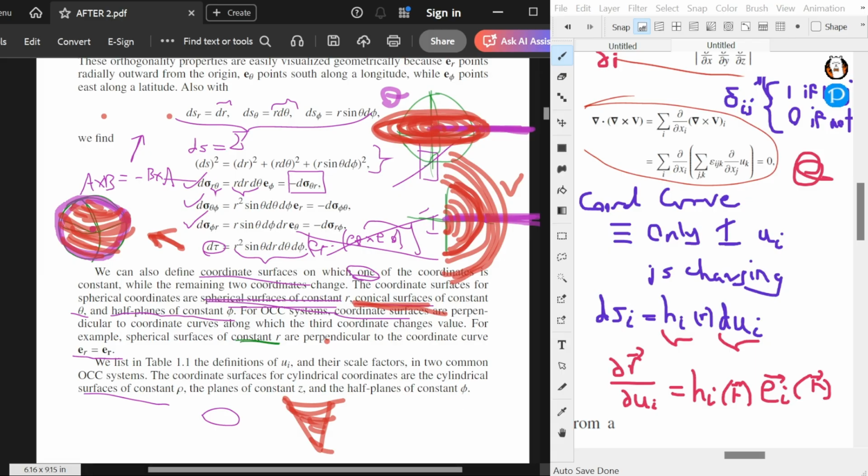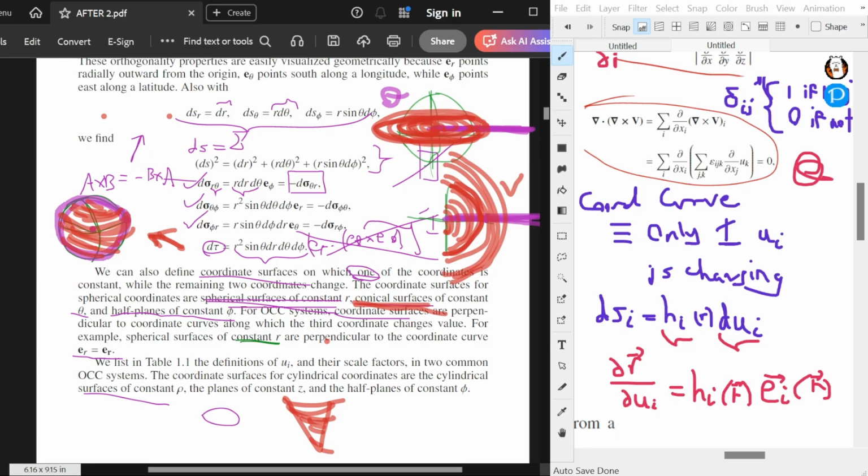Okay, let me do some googling. Conical surface. Spherical coordinates.